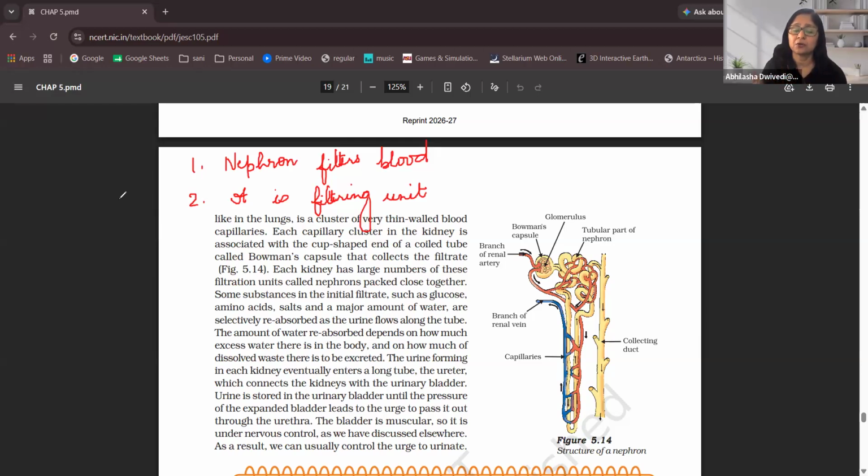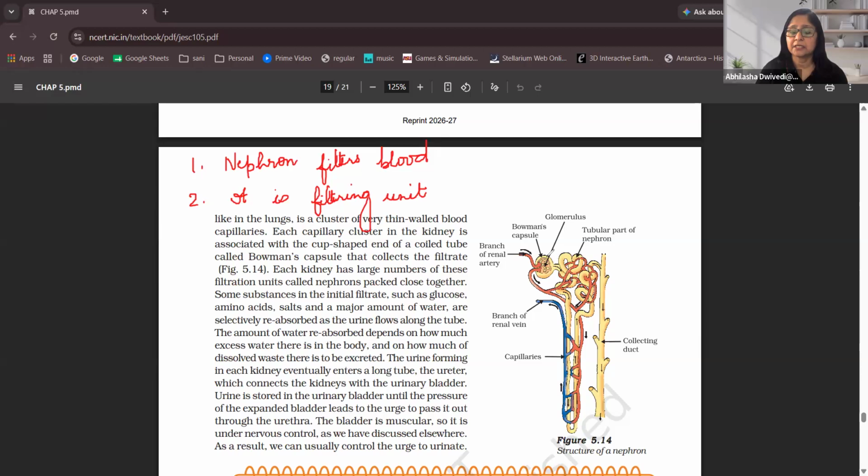I am hoping that you already know that there are two kidneys, right? And in each kidney there will be, give or take, 1 million nephrons. So you can understand that because of them, the blood is filtered completely, thoroughly, to become the urine.